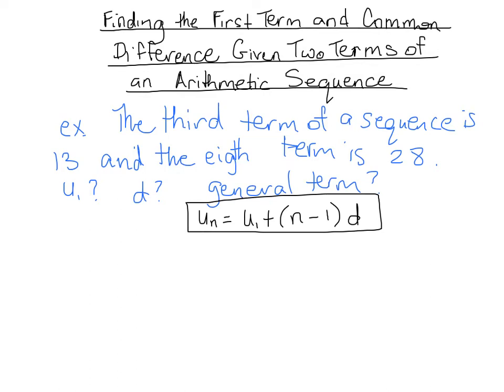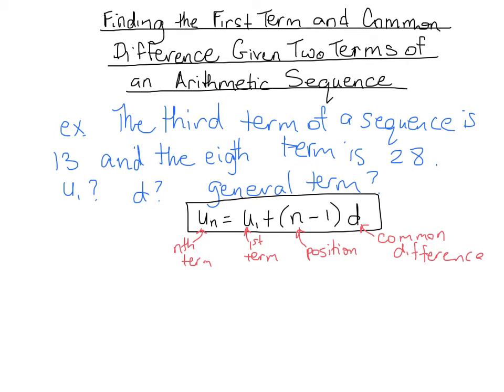So that's just saying the nth term of a sequence is equal to the first term, u1, plus n, which is just the position of the term, times n minus 1 times d. d is the common difference. And un is the nth term, which is any term.